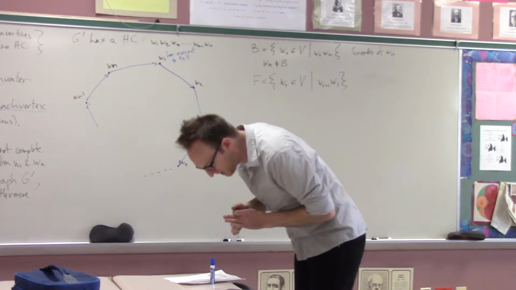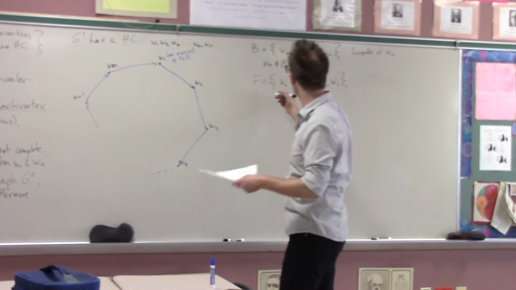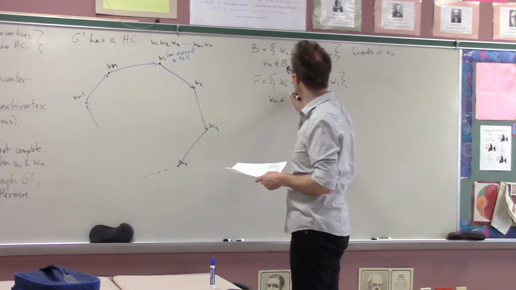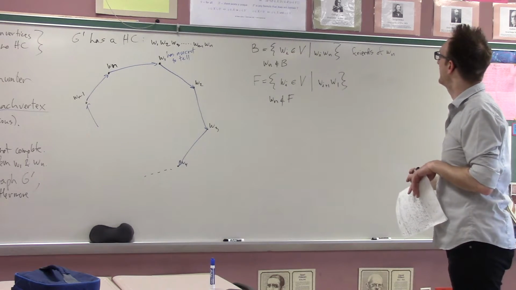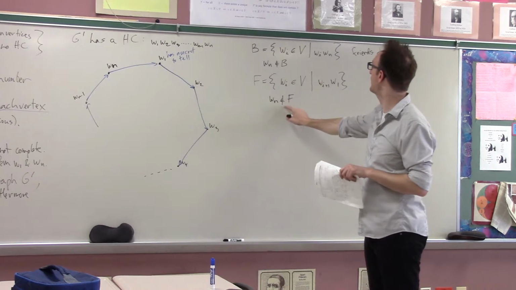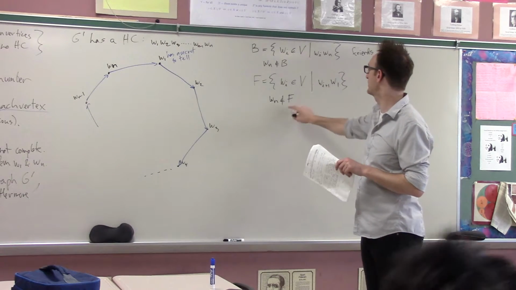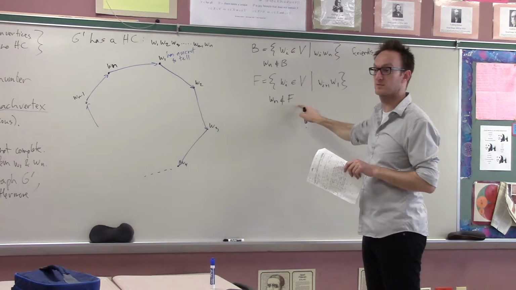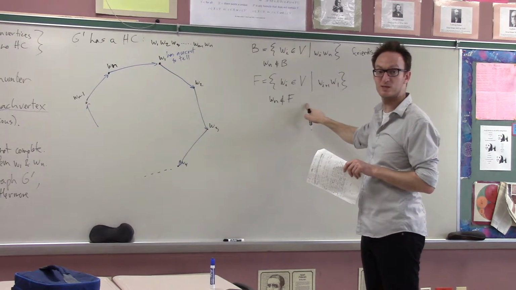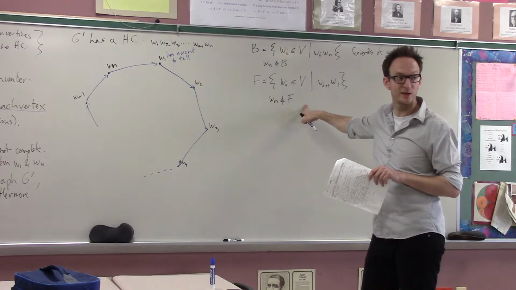Okay, so another fact is that Wn is not in F either, because Wn plus 1 is just W1, right? This is true because it's a simple graph, because there are no loops, because W1 is not friends with itself. Are you with me?